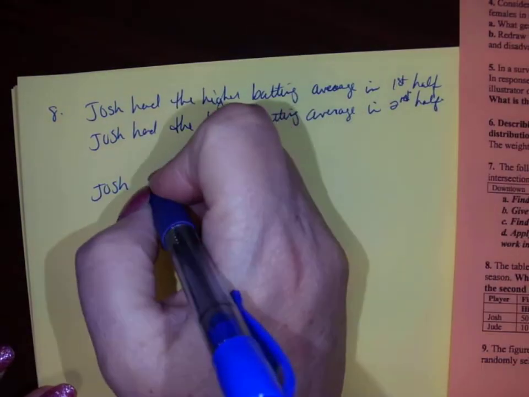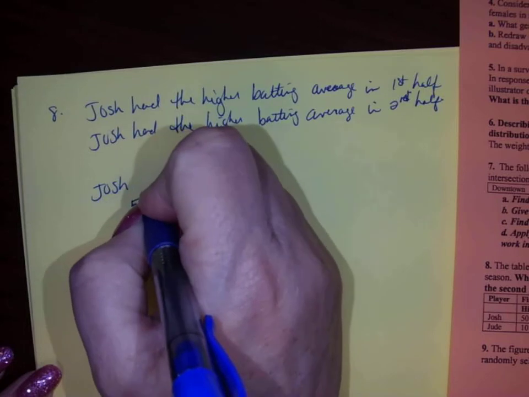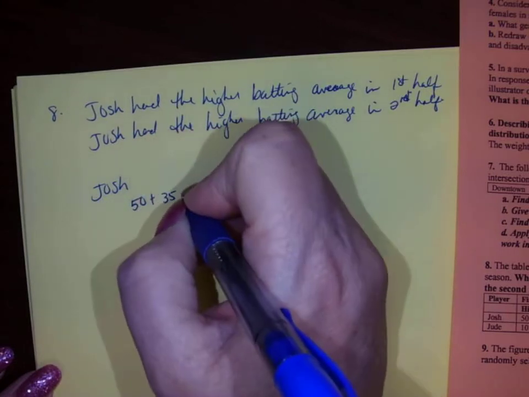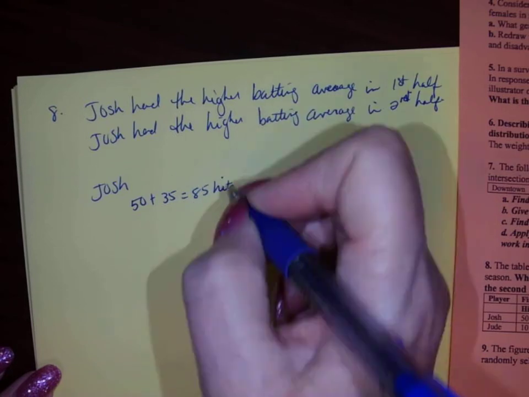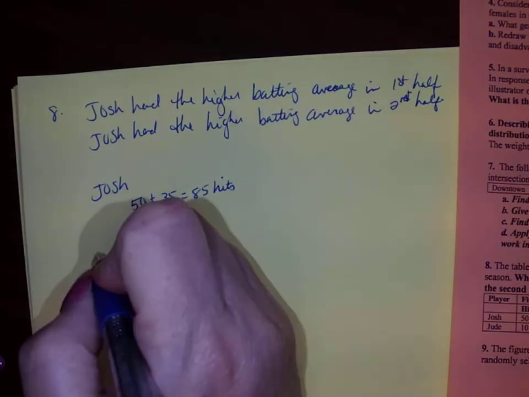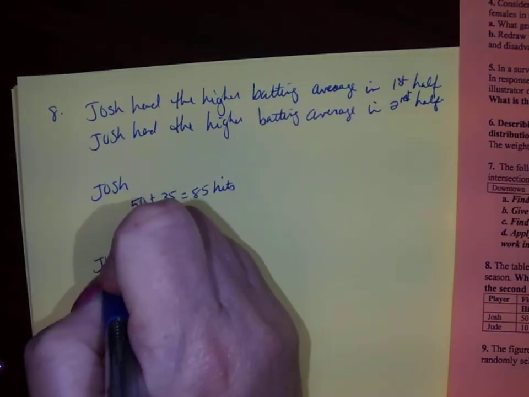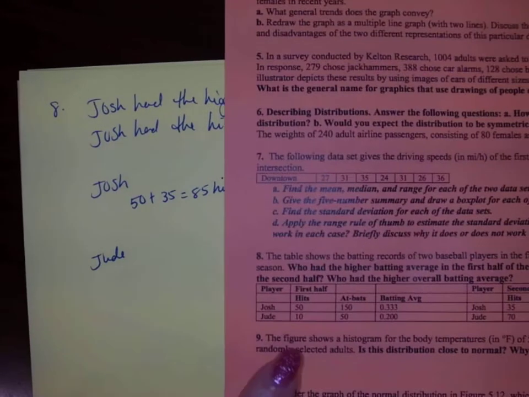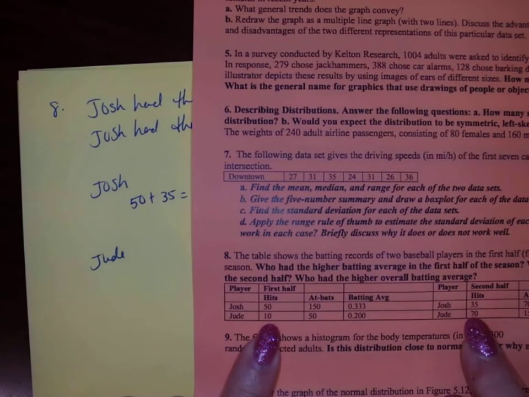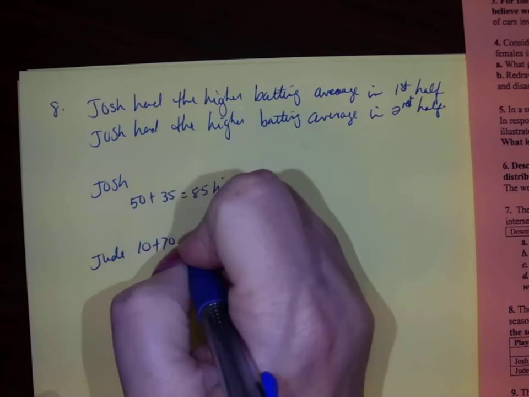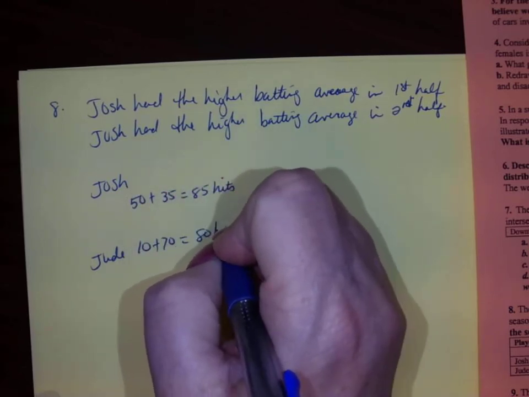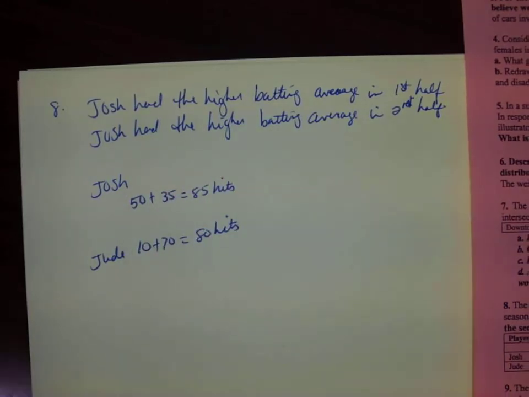So for hits, Josh has 50 plus 35, which will equal 85 total hits. And Jude, he had 10 and 70 hits, which will get him a total of 80 hits.